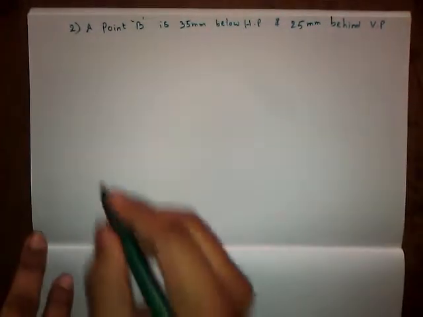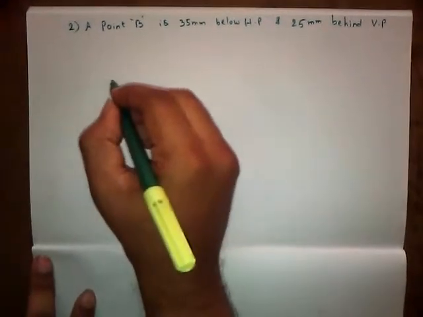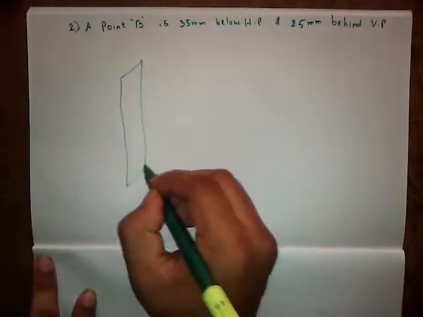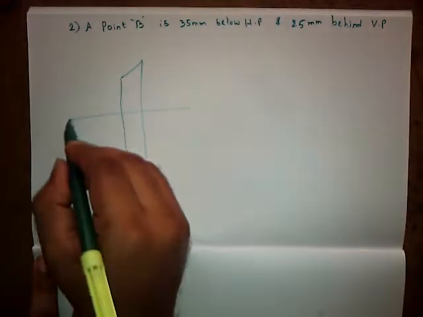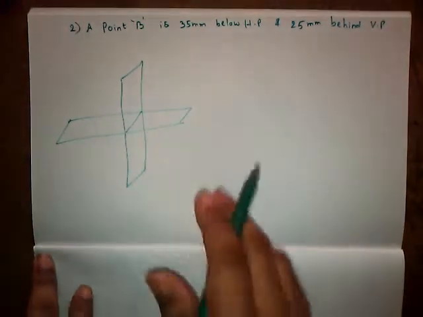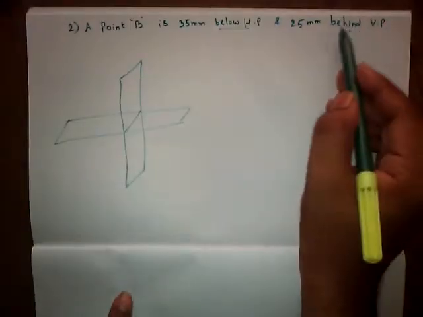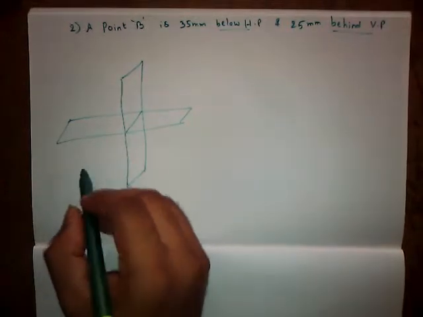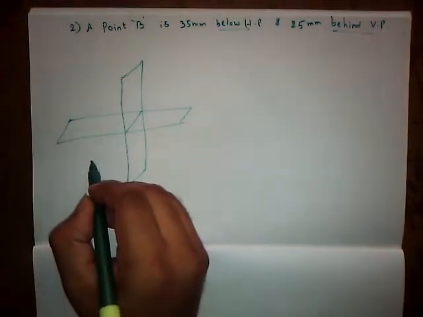So let us draw the quadrants. As we said, below, behind. So below and behind, it is going to be our third quadrant.